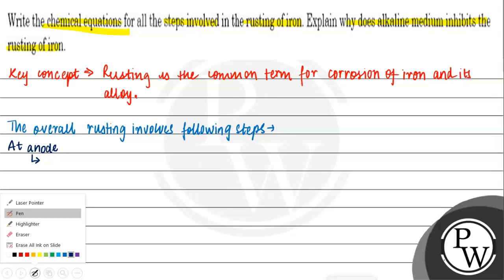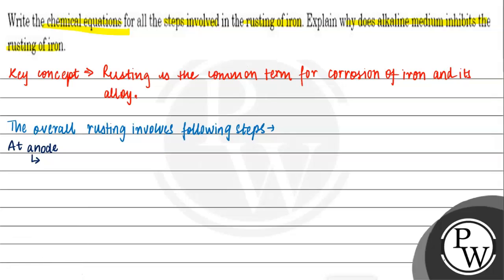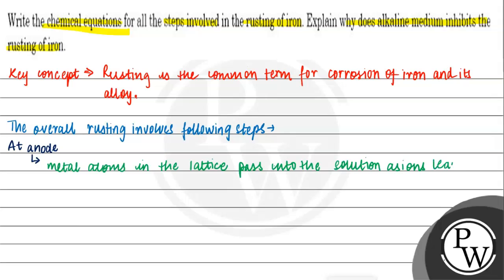At anode, metal atoms in the lattice pass into the solution as ions, leaving electrons on the metal itself.